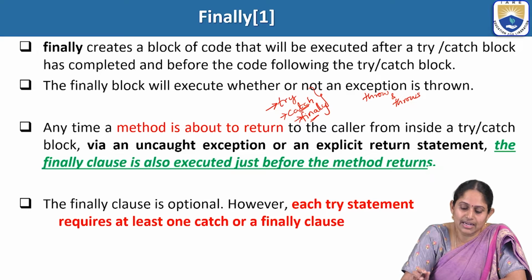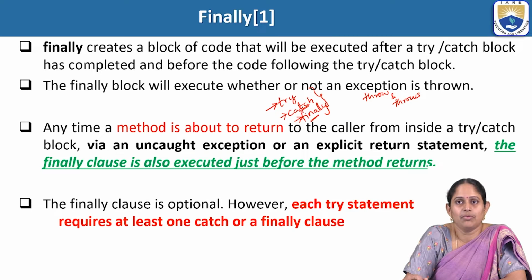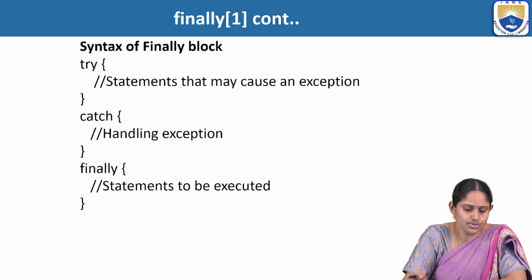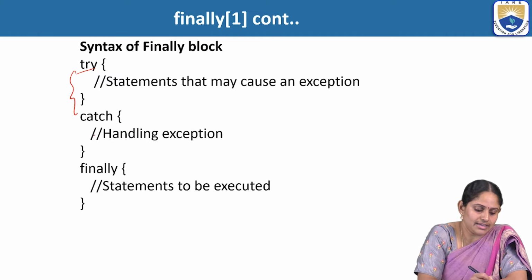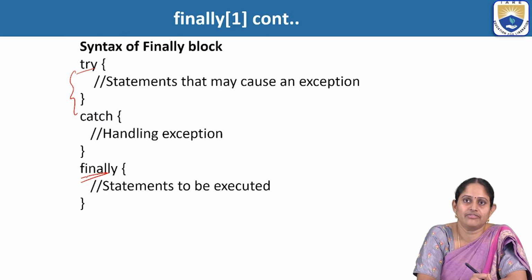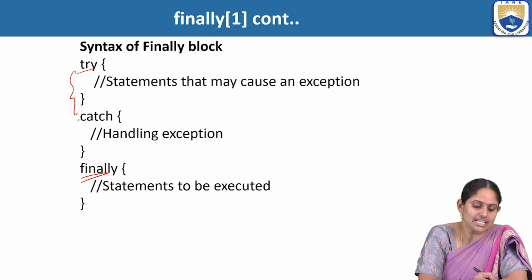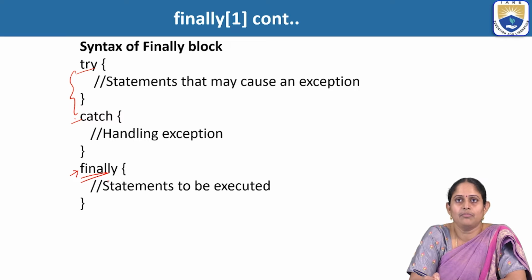One try block can have at least one catch block or a finally block. This is the syntax: we have the try block, try and catch, and the finally, which will come at the end, after the catch block. The catch block or the finally block are optional. Either it can have a catch block or a finally block, or it can have both.